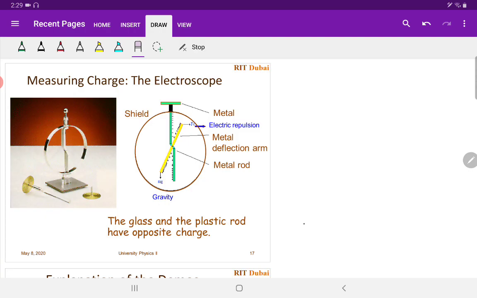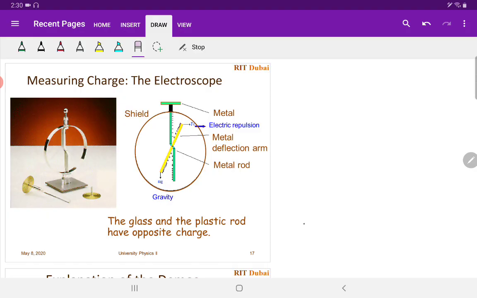Now, since we talked about charge and defined negative and positive charge, and how the negative and the positive can be created from the atomic structure, we said the negative charge is created by transferring and gaining electrons. The positive charge can be created by losing electrons.